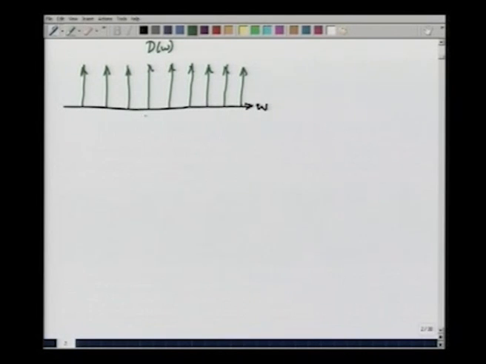So, if this is omega equal to 0, this is at 2 pi by Ts, 4 pi by Ts, minus 2 pi by Ts, and so on.